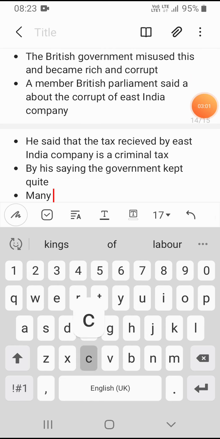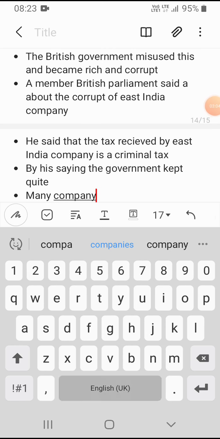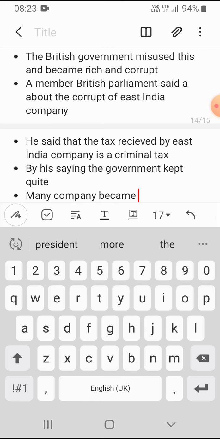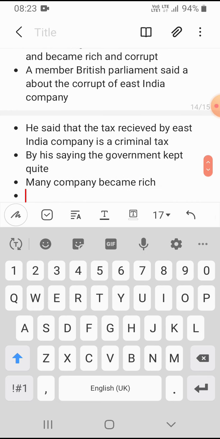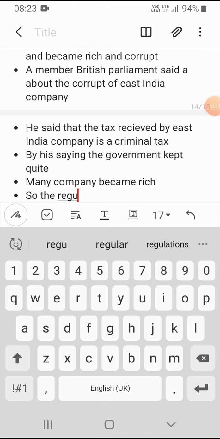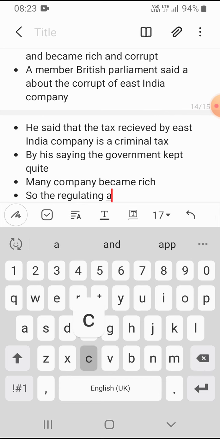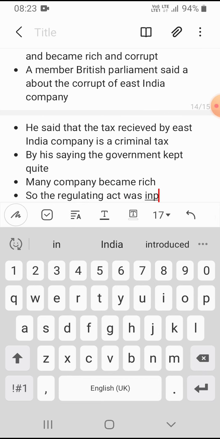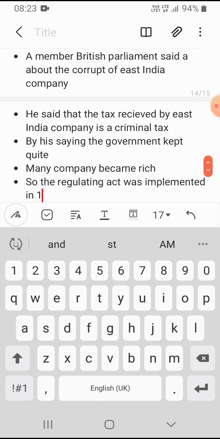Many people became rich in the East India Company. So the Regulating Act was implemented in 1773.